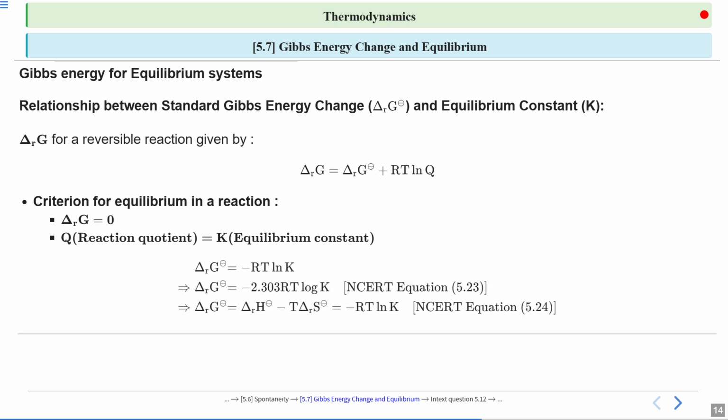So if K is a value at the equilibrium state, we can simply substitute and get our standard Gibbs free energy change in terms of the equilibrium constant, which is minus 2.303 RT log K. We have just replaced ln K with 2.303 log K. Now this standard Gibbs free energy change is also equal to delta H naught minus T delta S naught. So we have done the same.